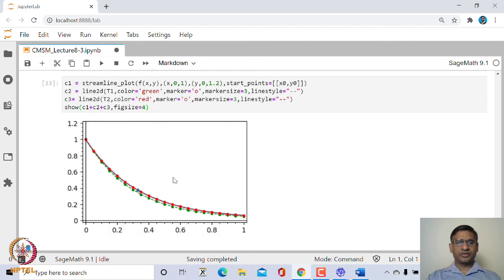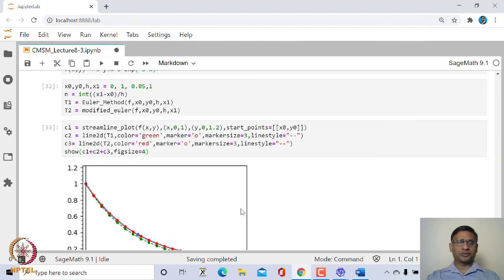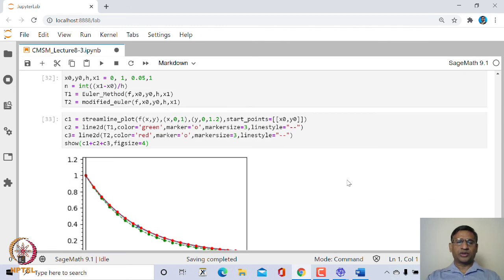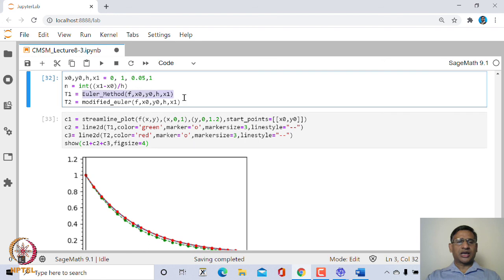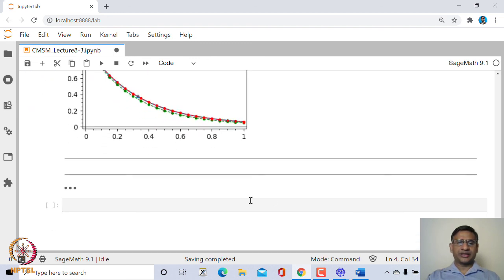So now you will see they are much closer to each other, but still Euler's method has a lot more error, right. So you can explore more examples and also tabulate the error using Euler's method and the error using modified Euler's method. So it will also show you that the error in case of modified Euler's method is much smaller, right.